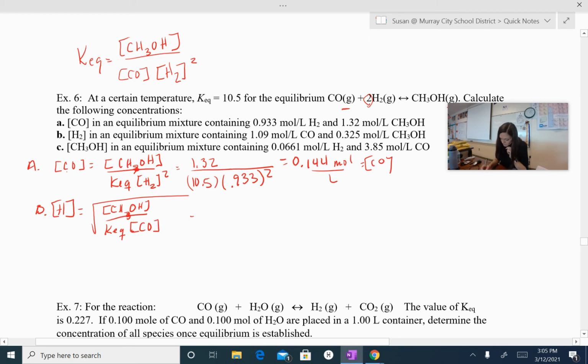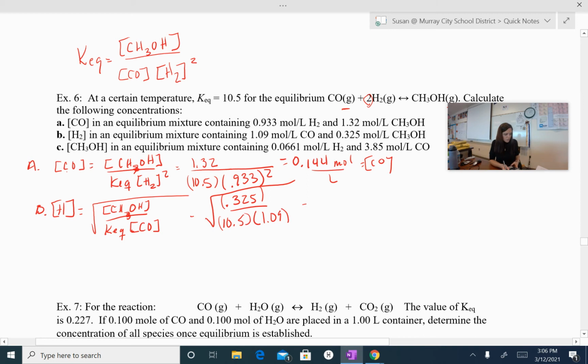So I'm going to plug those in. So I need to take the square root of 0.325 for my methanol concentration, divided by 10.5 for my Keq, and divided by 1.09 for my carbon monoxide.